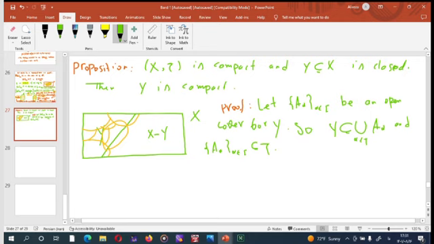now if we add, now we see that we have X equal to the union of Y and the complement of Y, and Y is a subset of this union, so that this is a subset of the union of this A alpha.